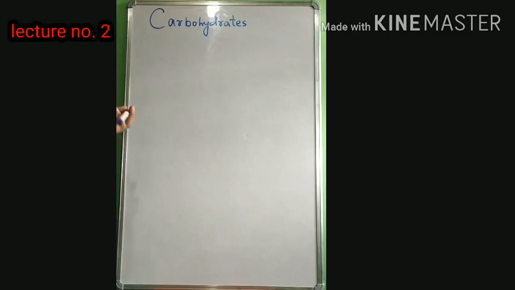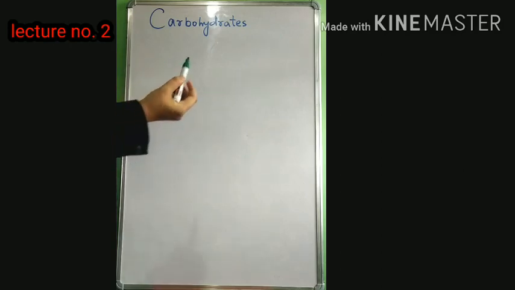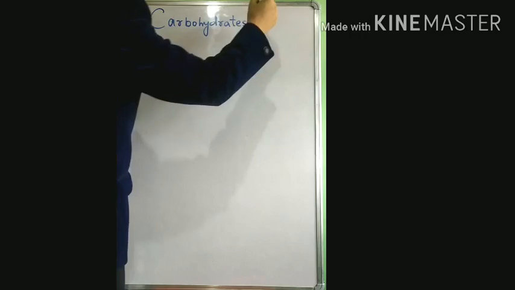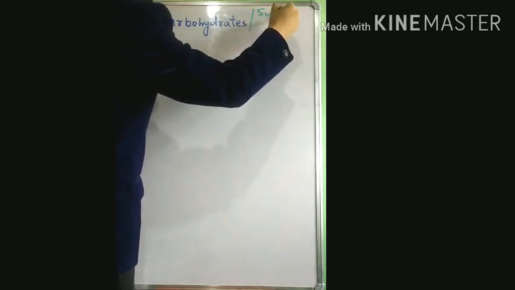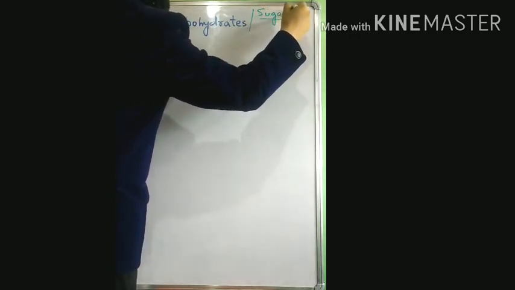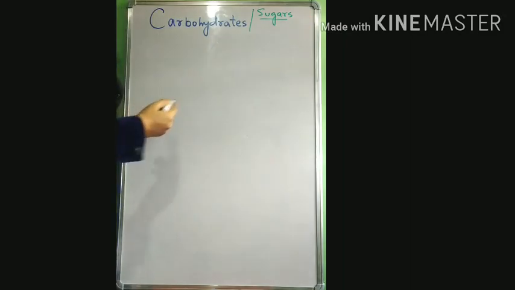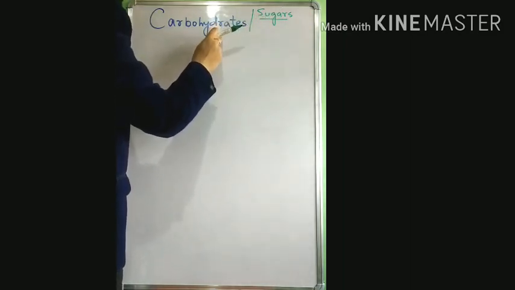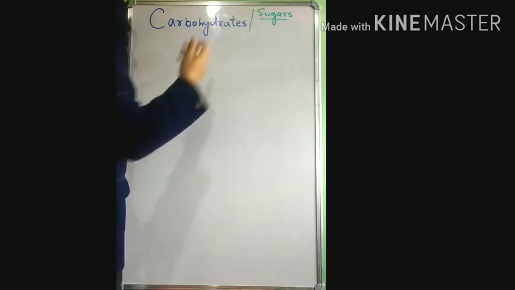As far as carbohydrates are concerned, my dear students, remember one thing: you will be using different terms for the same biomolecule. At certain places you will come across the word sugar, or you will call them sugars. Whenever you hear the word sugars, they are related to carbohydrates, or you can say that carbohydrates are also called sugars.